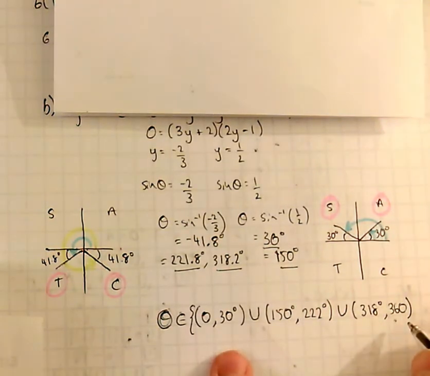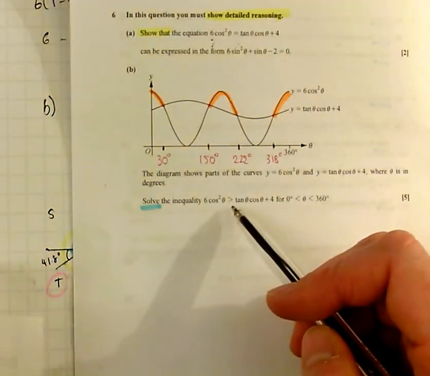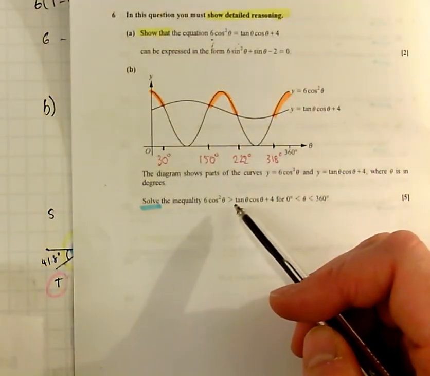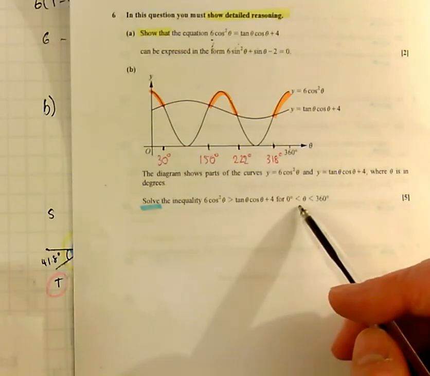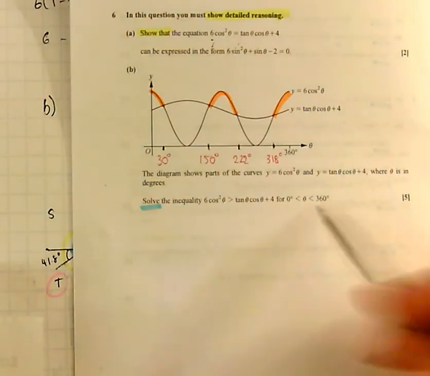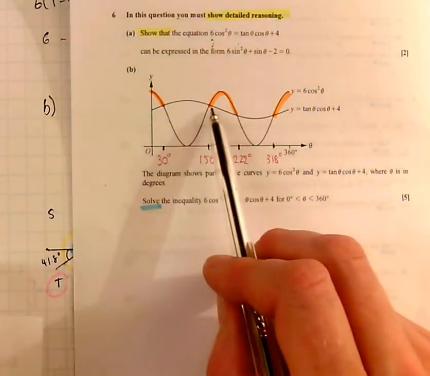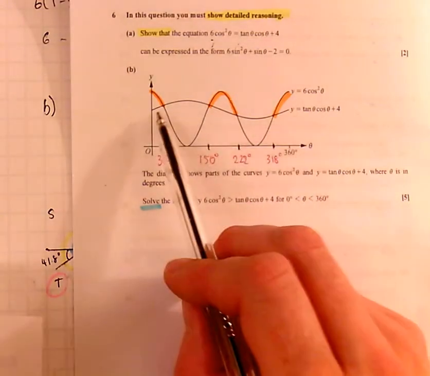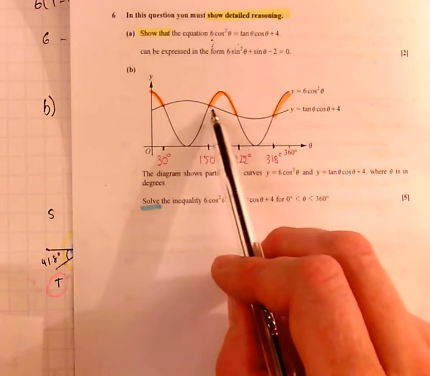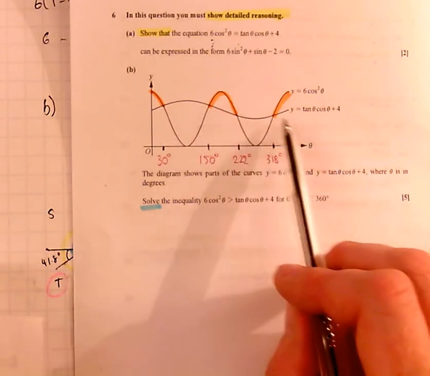And they're all curved brackets, because we're not including those values, because in our inequality we're using a greater than, not greater than or equal to sign, and for our range of values it's the same, less than signs rather than less than or equal to. Okay, so we can see these are the zones we want: 0 up to 30, 150 to 222, and 318 up to 360.